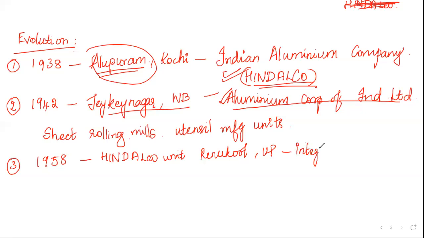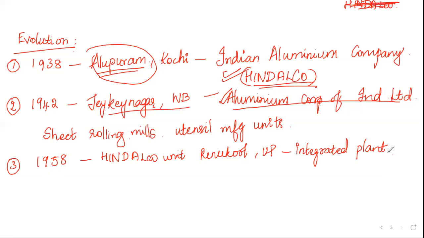What do you mean by an integrated plant? This was an integrated plant, which means they will engage in extraction of aluminium from the ore. Point number one. They will have their own power plants to run this particular unit. Point number two.